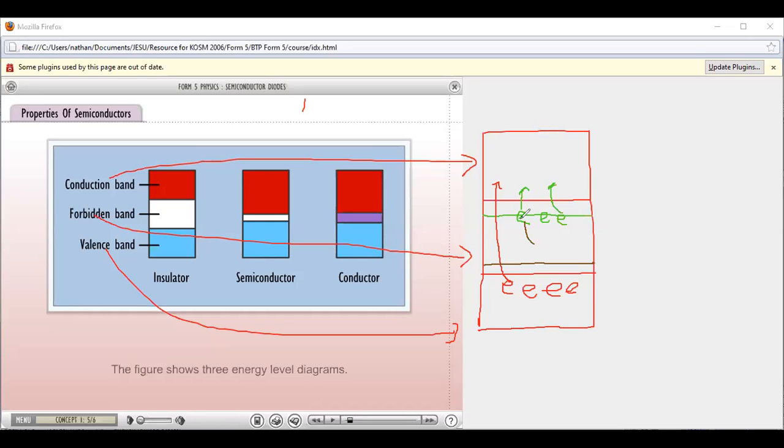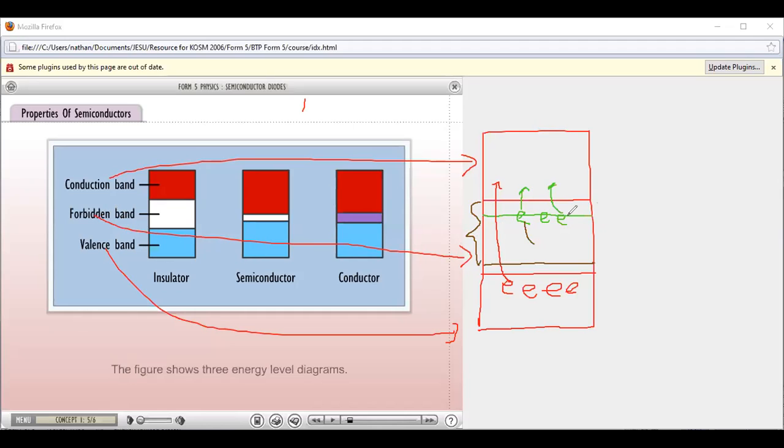Now this is the forbidden band, but this forbidden band is for the semiconductor. It's not for the pentavalent atom. Different atoms have different energy levels. So what happened when you put the pentavalent atom inside here?